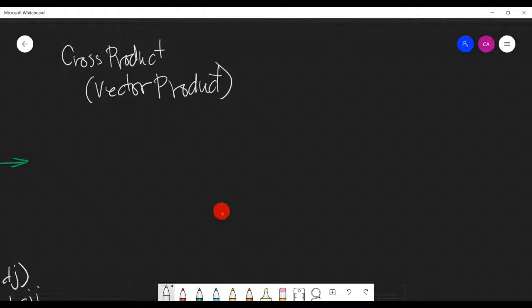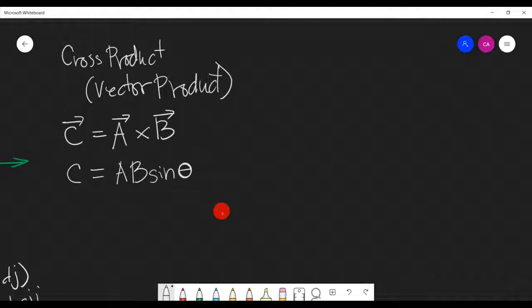Kasi kapag tinignan natin yung formula niyan, ang formula ay the vector C is equal to the cross multiplication of the vector A times the vector B. The magnitude of C is equal to the magnitude of A times the magnitude of B times sine theta. So, yan yung formula ng ating vector product.